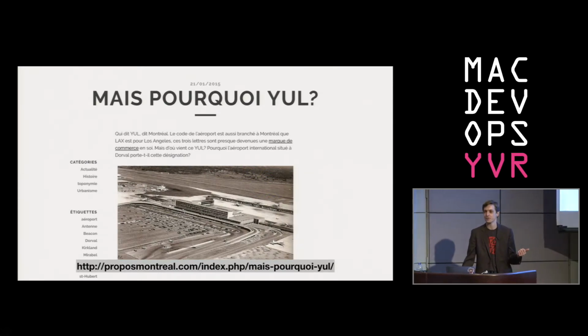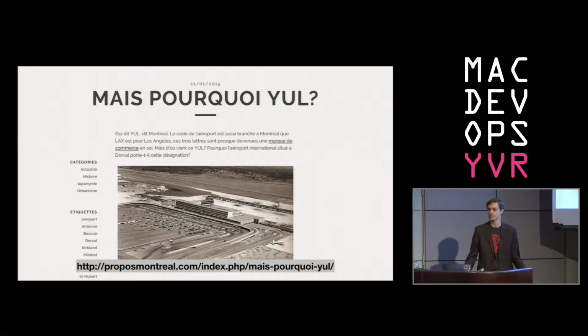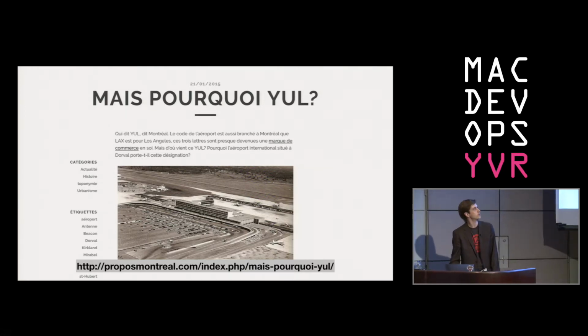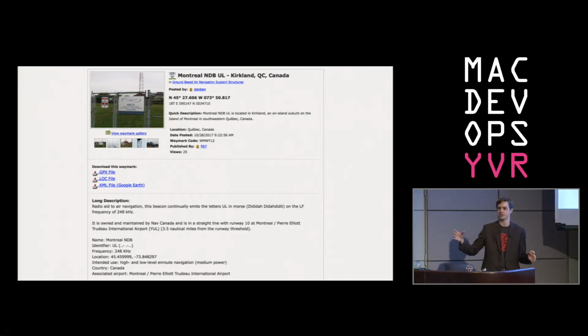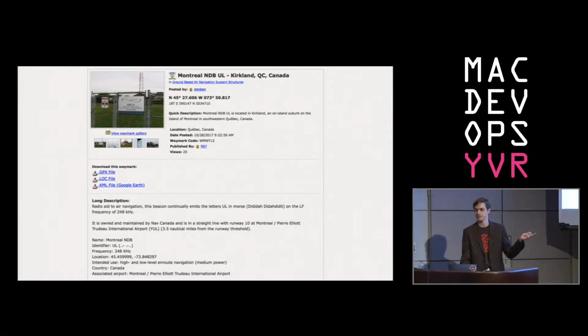So I heard somebody this morning saying that the last two letters come from whatever was the nearest train yard. I didn't really know what that would correspond to for Montreal, so I did some Googling. The reason they have the U and the L is apparently that next to the airport of Montreal there's another suburb called Kirkland, and in Kirkland there is an air tower that emits UL in Morse code, and I guess that was the nearest thing there when they built the airport.